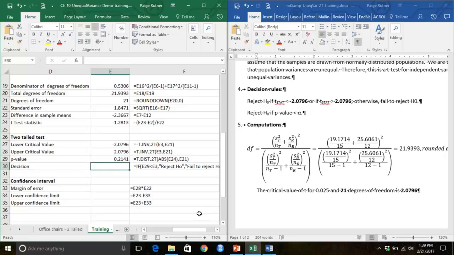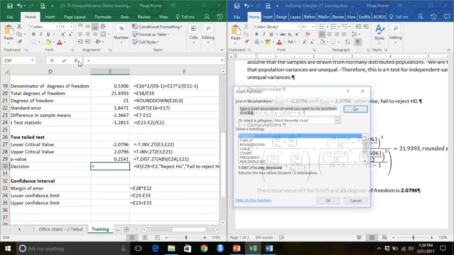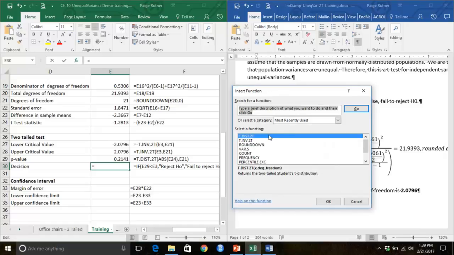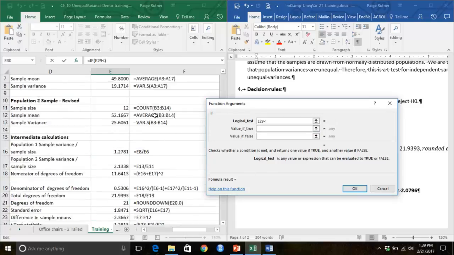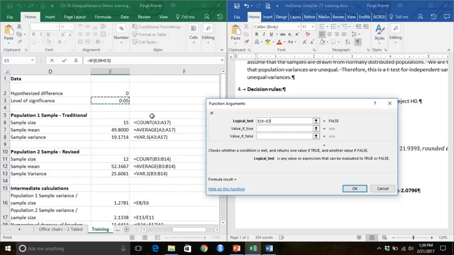Now, I like to actually write an IF function in my spreadsheet here, and I find the easiest way to do that is to base it on the p-value once I know how to compute that. So that's what I will do here. My logical test is going to be that I take that p-value and compare it to my specified level of alpha, and then if that comparison comes out to be true, we will reject the null hypothesis, otherwise we fail to reject the null hypothesis.